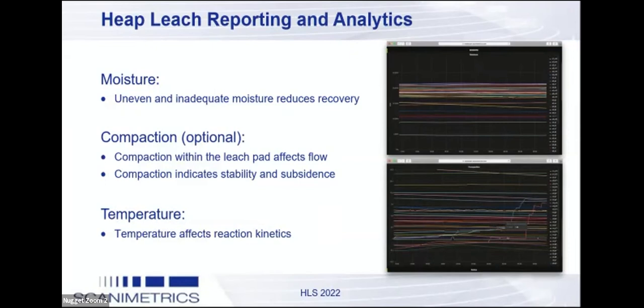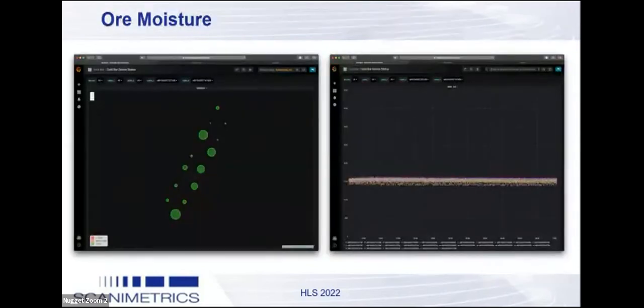of the sensor. Temperature changes as well over time. You can do a graph of that. Using the GPS coordinates of the sensor now, you can map this out to visualize sort of a three-dimensional or a top-down view of the leach pad.